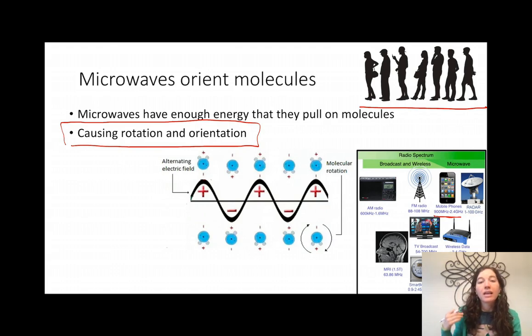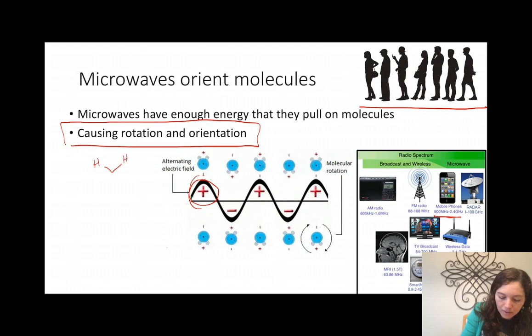So let's talk about, say, an electric field. This is a type of electromagnetic radiation that's in our microwave spectrum. When we have a positive voltage, you might see this here is most likely water molecules.